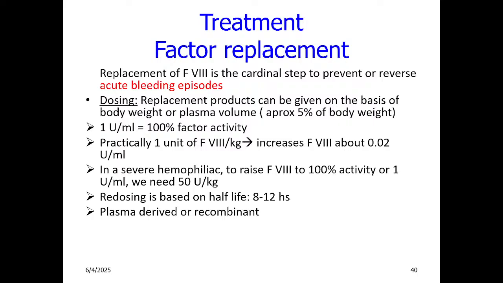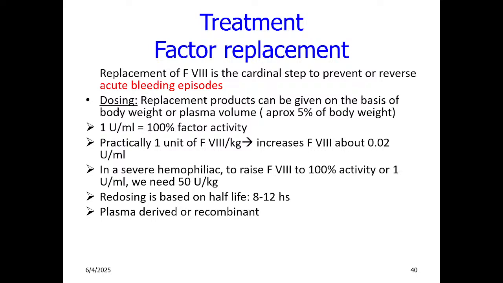Then factor replacement. The treatment of choice is factor replacement, not blood, because blood will have its own disadvantages. Replacement of factor 8 is the cardinal step to prevent or reverse an acute bleeding episode. Dosing: the replacement product can be given on the basis of body weight or plasma volume.